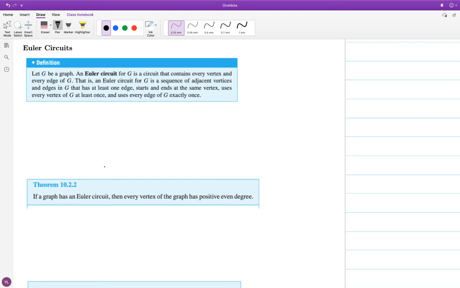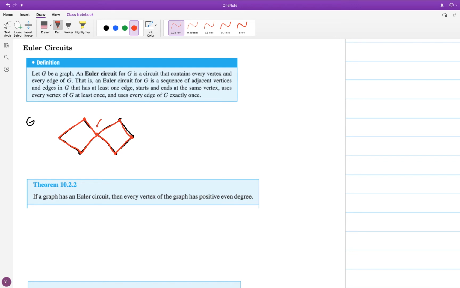So let me think about Eulerian circuits and when they exist. To do that, let's just get an example of a graph that I think has an Eulerian circuit. And we'll notice something about it. So in this graph, I can start anywhere and travel each of the edges exactly once and visit all of the vertices.